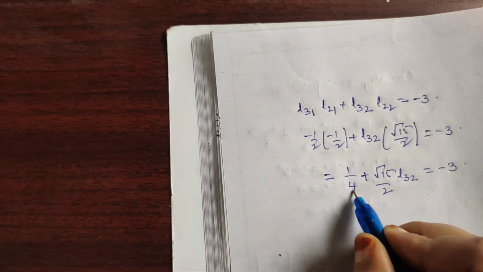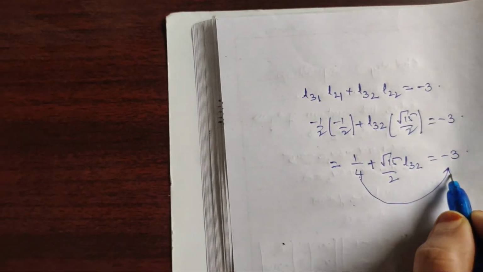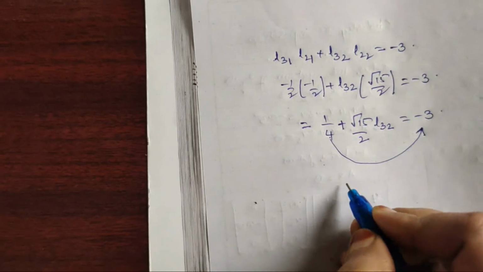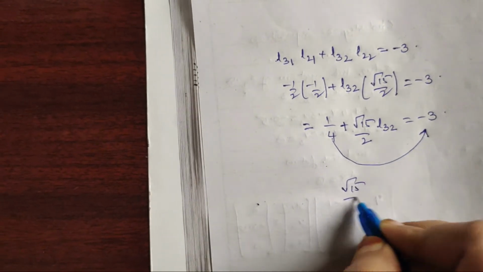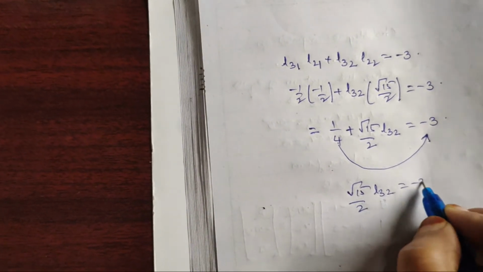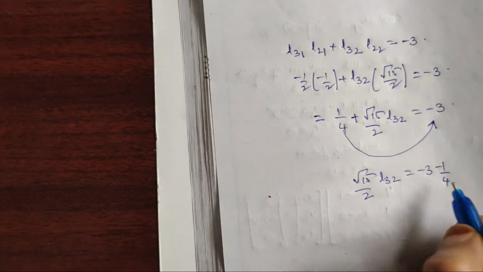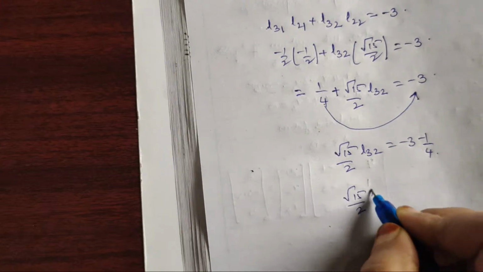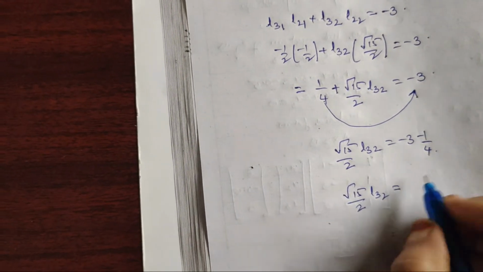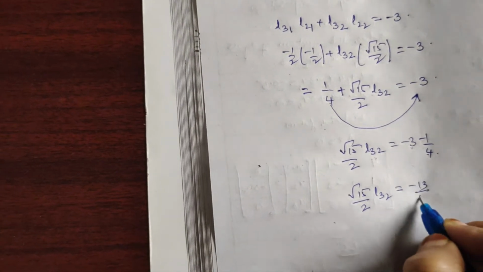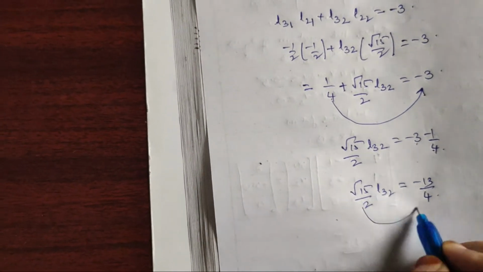We'll send this term to this side. So we get -3 minus 1/4. Root 15/2 L32 equals -3 minus 1/4, which is root 15/2 L32 equals -13/4. Now this is also on this side, so it will go into the denominator.